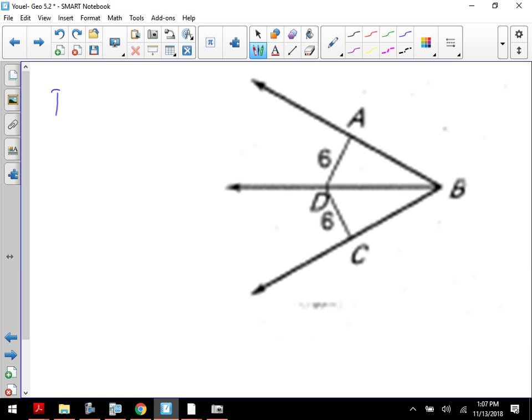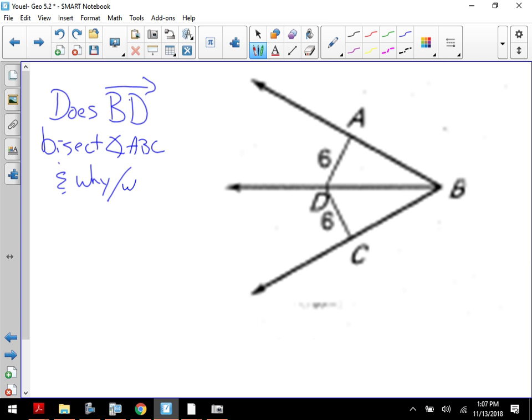My question here is, does ray BD bisect the angle ABC, why or why not? What say you?